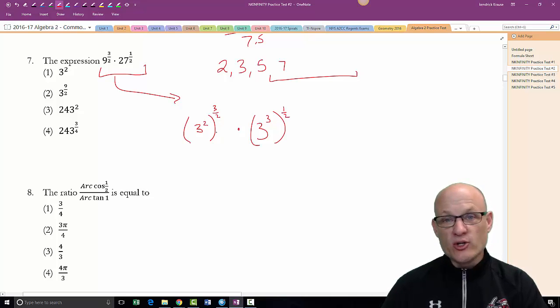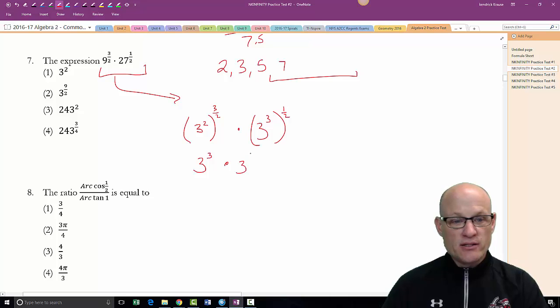All right, so what do you do when you have an exponent raised to an exponent? You multiply the exponents. So this becomes 3 cubed times 3 to the 3/2 power, because when I just multiply, I get 3/2. Now, what do I do when I have two things with the same base? I have to add their exponents.